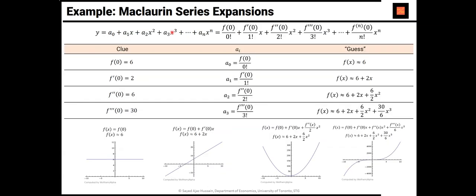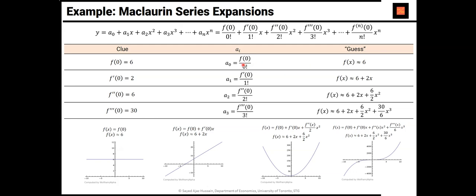So again, going back to our example, God gave us these clues, remember? And from these clues, if the first clue was, if God tells me, Ajaz, the value of the function at x equals 0 is 6, right? Then I have guessed that a0 is equal to 6.